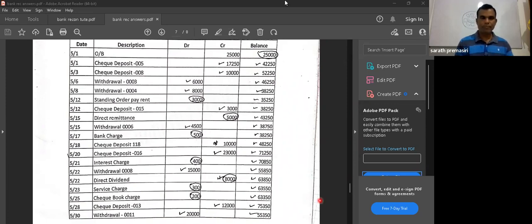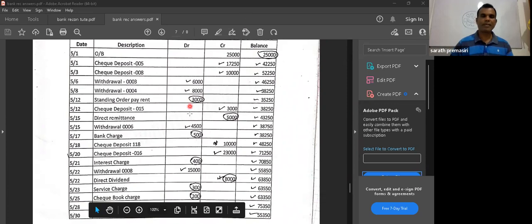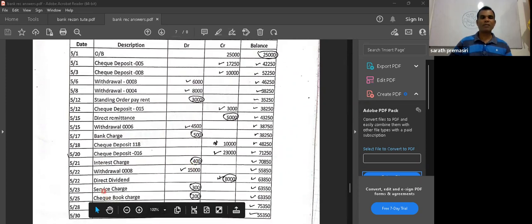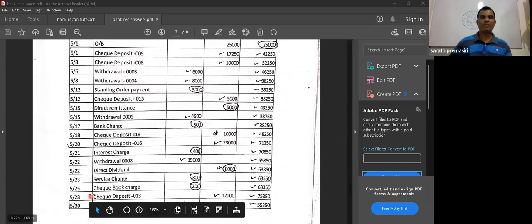I have selected the standing order payment 3,000. Bank charge 500 is there. Interest charge 400 is there. Service charge 300 is there.